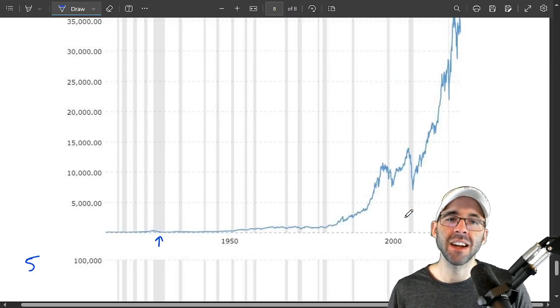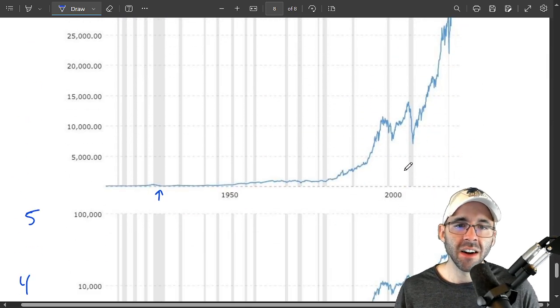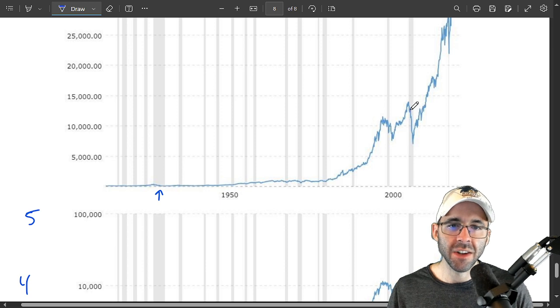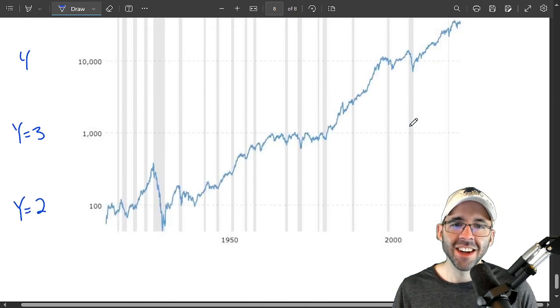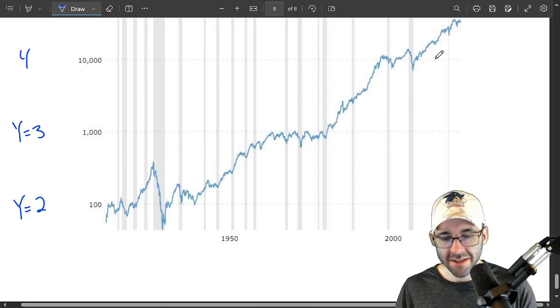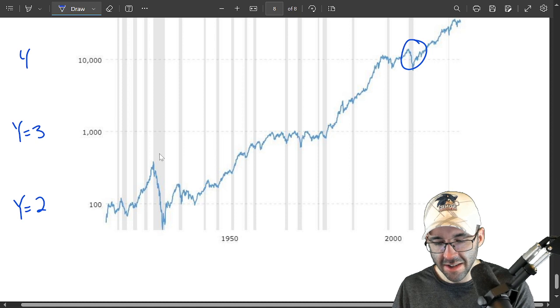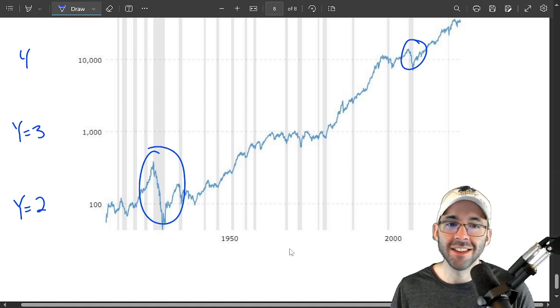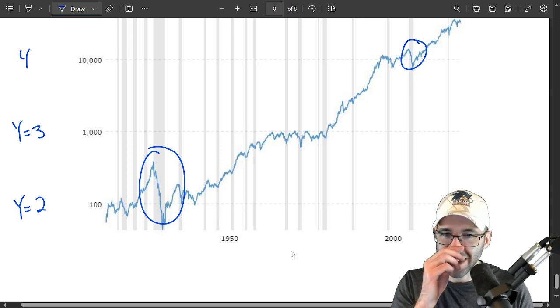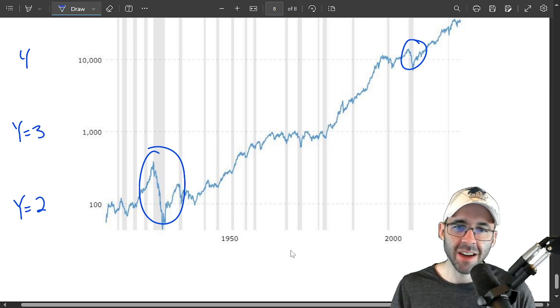Let's compare 2008, the housing crash. Looks really bad here. It was pretty bad. But compare these two, 2008 with the Great Depression. You can get a better picture of what's going on with a semi-log plot.